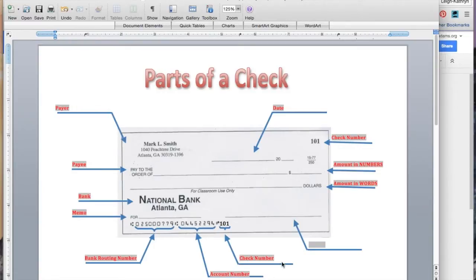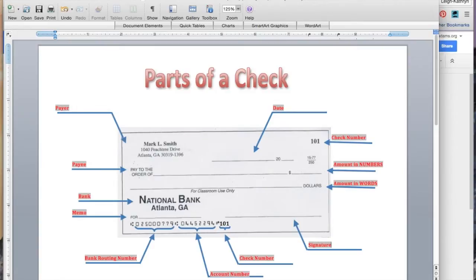Okay, we only have one more spot here, a long line. This is simply the signature. So Mark is going to sign his check, and again, it must be in cursive.